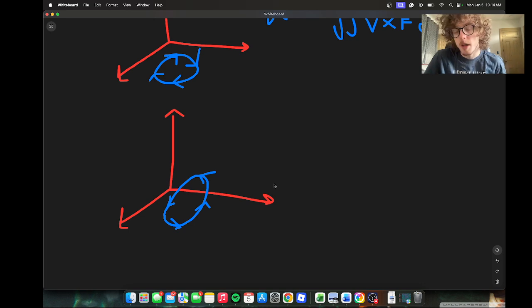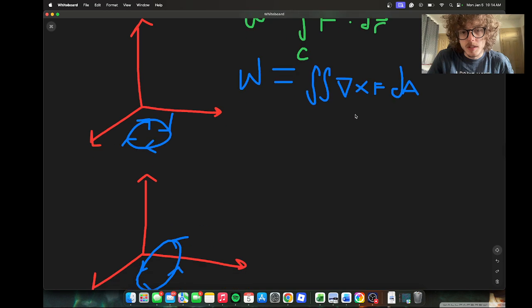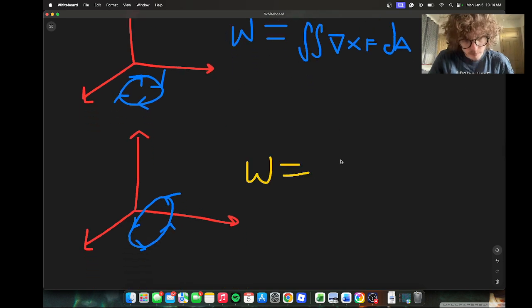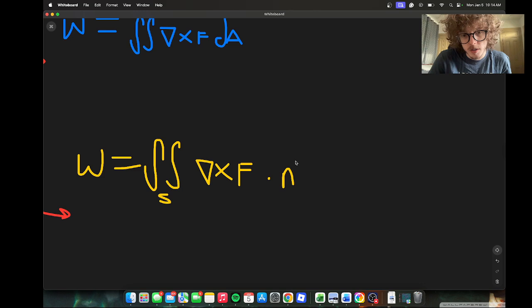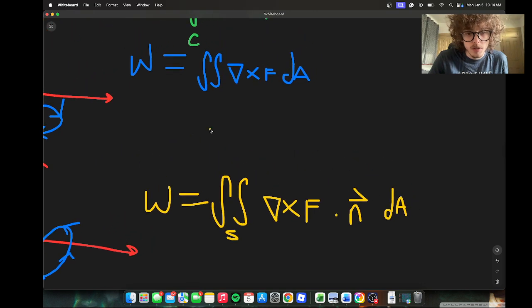It's this huge long theorem that we can find, but it basically says that the work, and we're going to see an extension of this idea, work is going to be equal to the double integral on a surface with the curl dotted with the normal vector. Just keep it, not the unit normal, just the normal, because it turns out we have this other term here, but the magnitudes cancel out, so it's not needed. So this is literally Stokes' theorem.